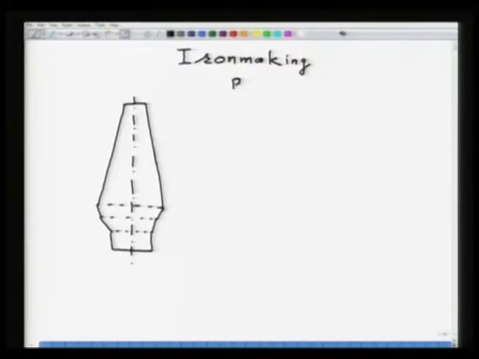As all of you know, the reactor in which iron is made is called the blast furnace. So, this is blast furnace iron making, and on my left is the sketch which I have drawn for the blast furnace. I will come to that.